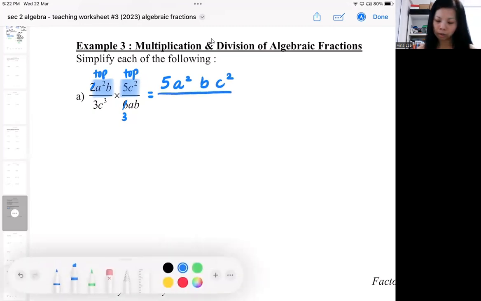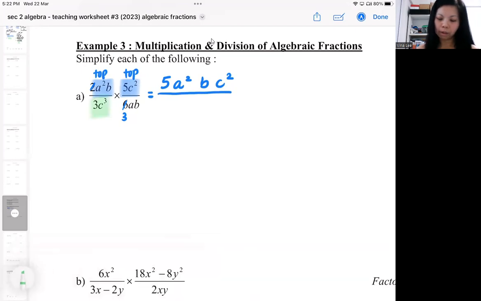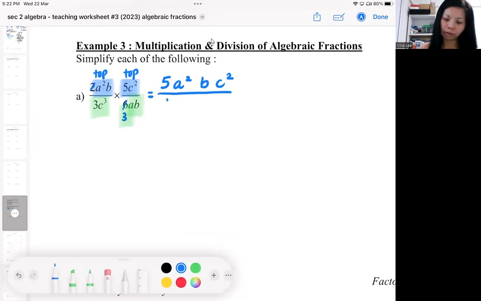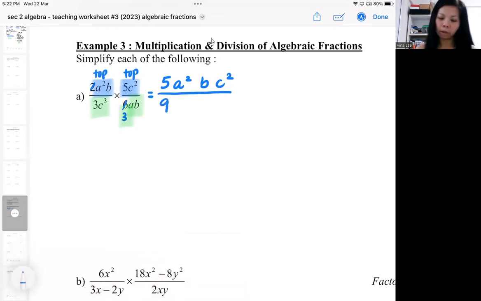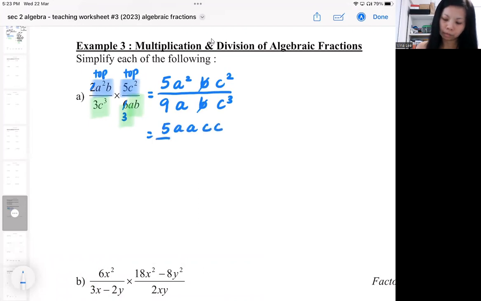I focus on the number first: 3 times 3 will give you a 9. Then I focus on the a, b, c. Can you see I try to arrange them in order so that it will be organized for you, so that your cancellation can be organized.